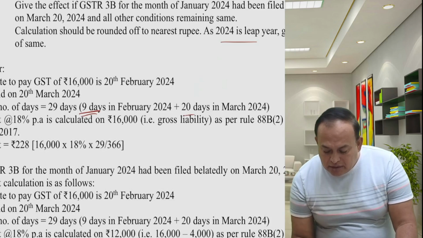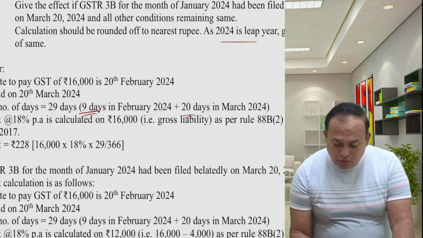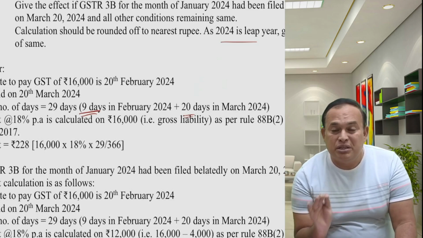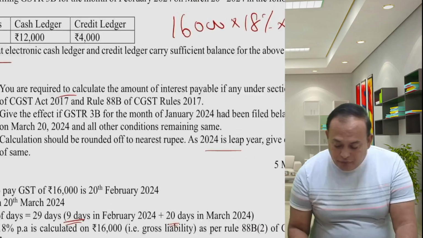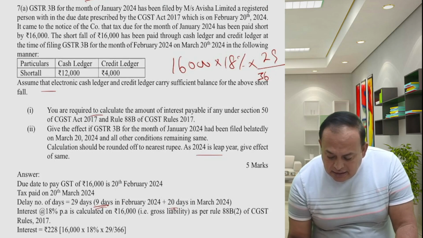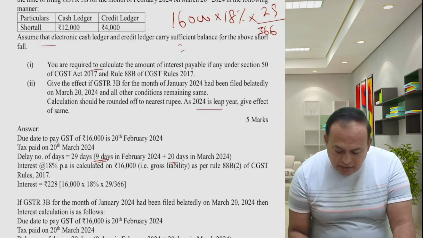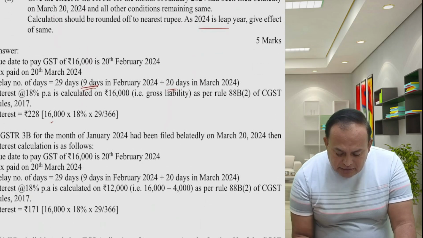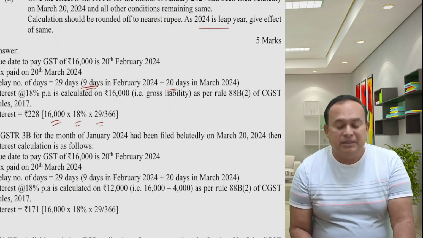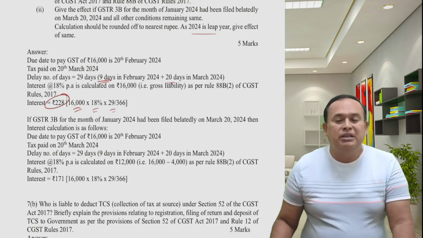Then 20 days in the month of March. Therefore, 20 plus 9, 29 days. Therefore, in the given case, 29 days divided by 366. How much interest? 16,000 at 18%, 29 by 366. In that case, interest is 228 rupees.